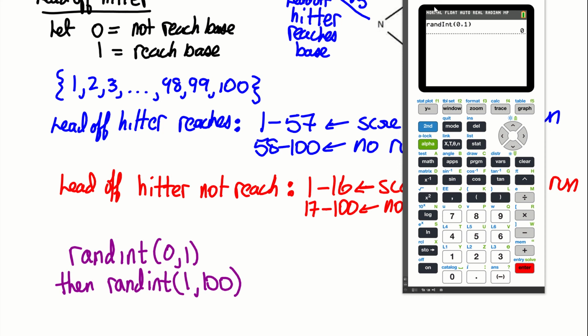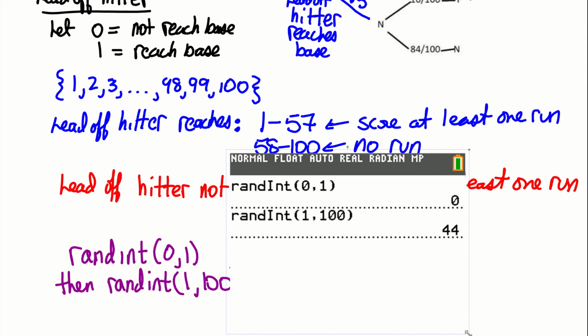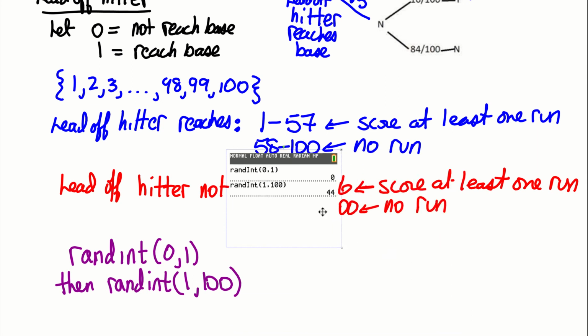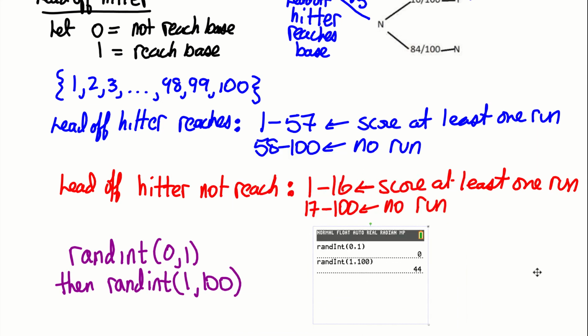All right. So then what I would do is math, probability. This time going from 1 to 100. And then see what happened. All right, so you could already see how much of a pain this would be just by typing stuff into your calculator, because I'd have to go back and forth between the two random integer functions, so very, very aggravating.